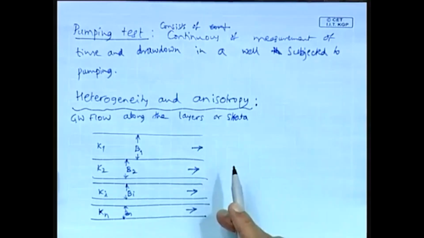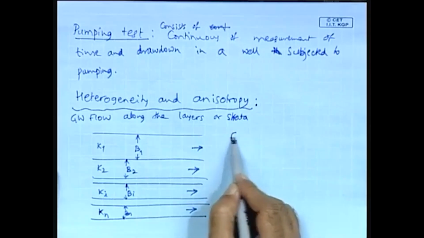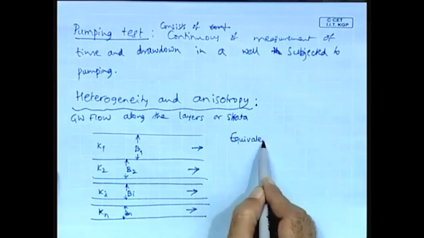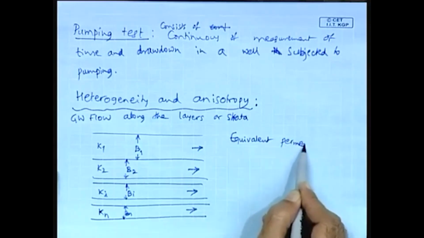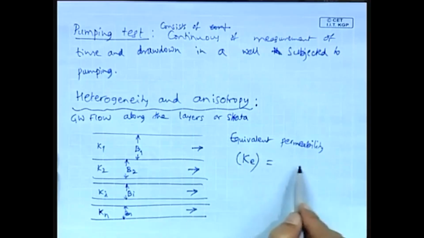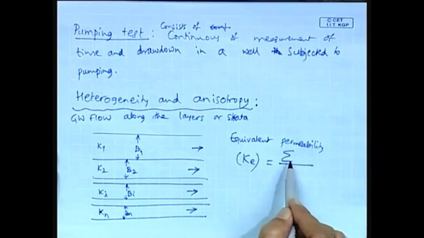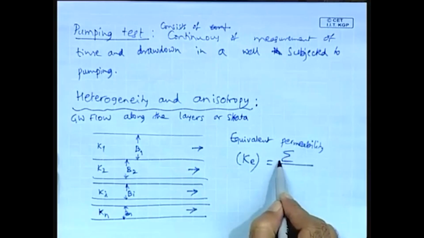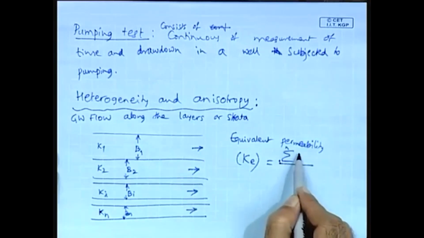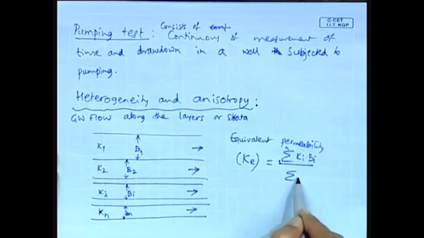Of course, here we are not considering the anisotropy, and we are considering only flow in one direction. So, in this case, the equivalent permeability, that is Ke, is expressed as summation from 1 to n of Ki into Bi divided by summation Bi from 1 to n.